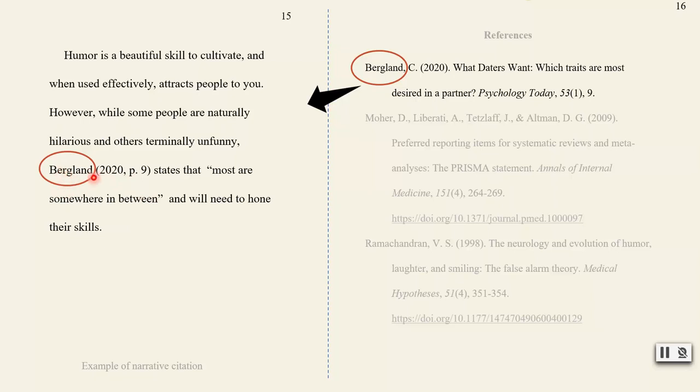It doesn't need to be in the parentheses, but you do need that in-text, which begins right next to the author's name. You have a parenthesis, you have the date of publication, comma, and then you have page number. Sometimes you don't have a page number. If you don't have a page number, it's just the date of publication with parentheses and closing up your in-text.